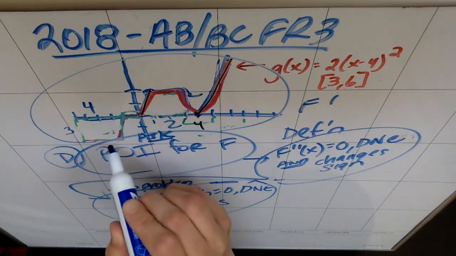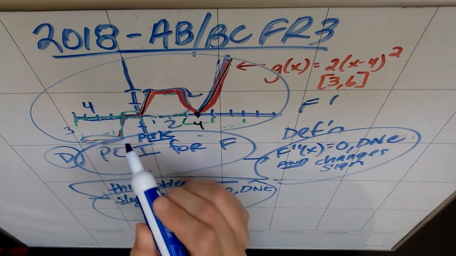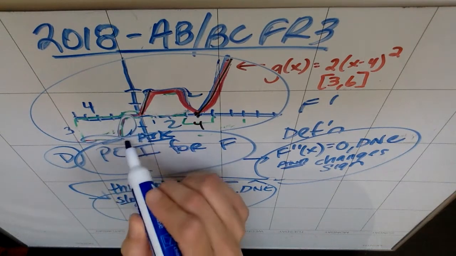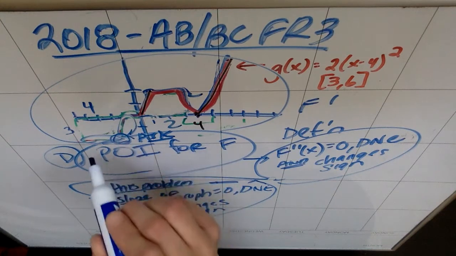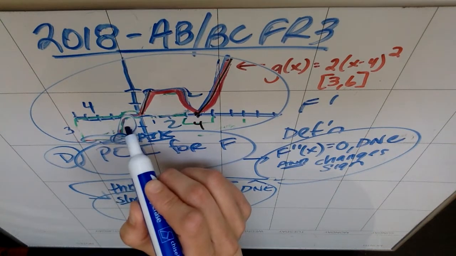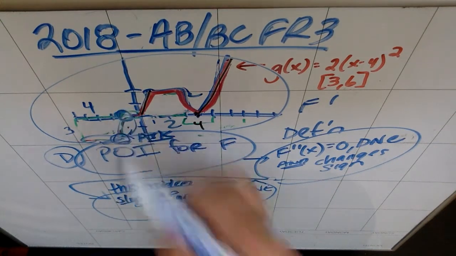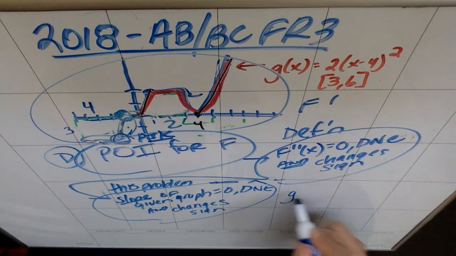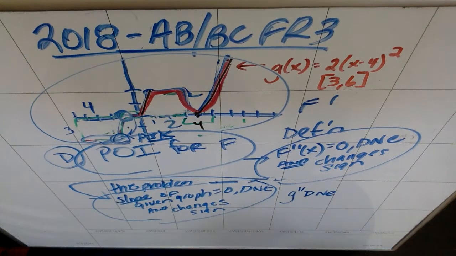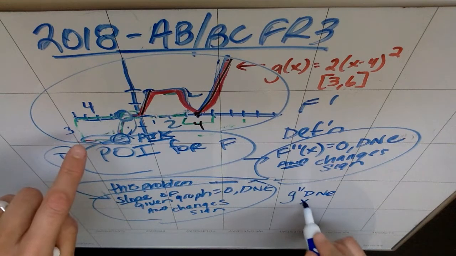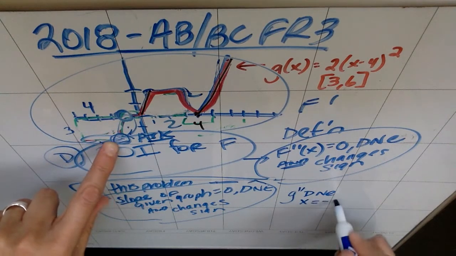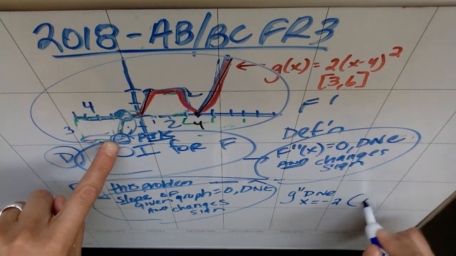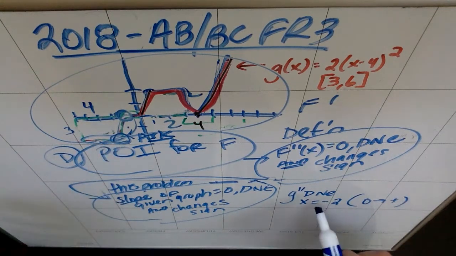So here I have a 0 slope and it switches to positive. So although this is a spot where the slope doesn't exist, I switch from 0 to positive, so that's not an issue. Here, again, my slope doesn't exist. So the places where f double prime does not exist are at x equals -2, but at this moment it switches from 0 to positive, which is not a sign change.